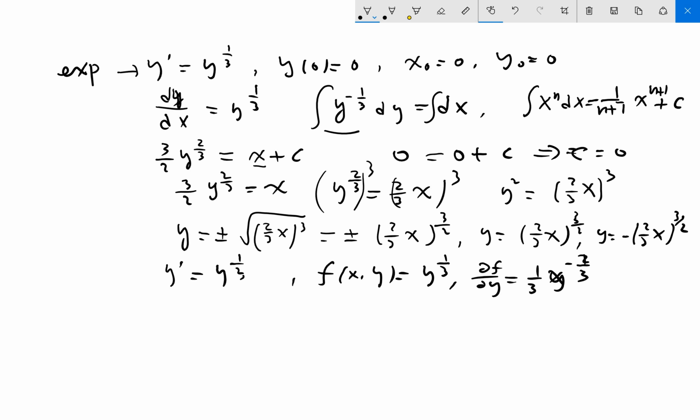So remember our y0 is 0. We're interested at x naught is 0, y naught is 0. Okay. So obviously at y equal to 0, this is not defined. So of course it's not continuous. So that's why we may get more than one solution.